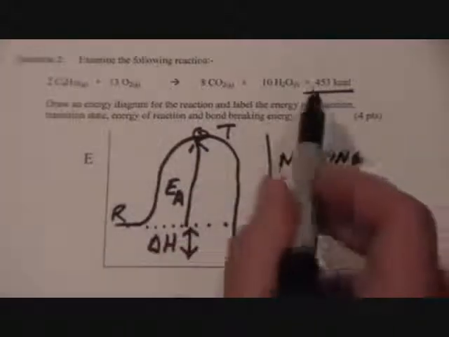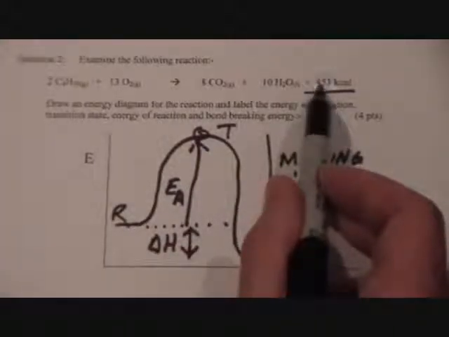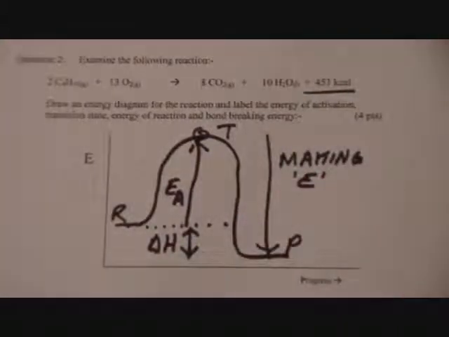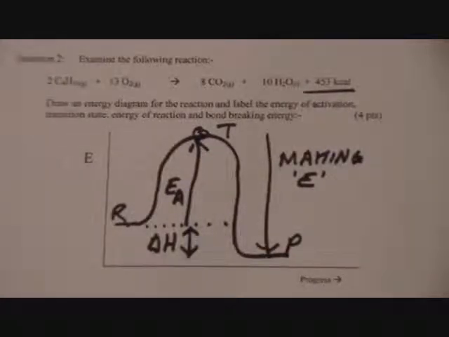And for this reaction it's negative 453,000 calories. Because from the point of view of the chemicals, this is how much energy they have lost. A net loss of energy.